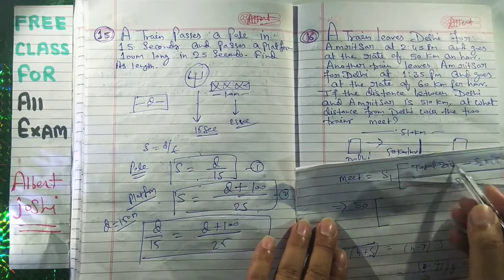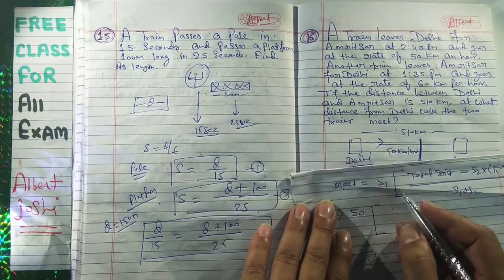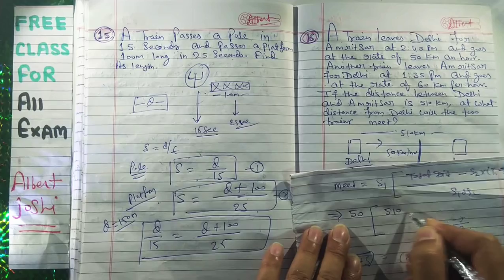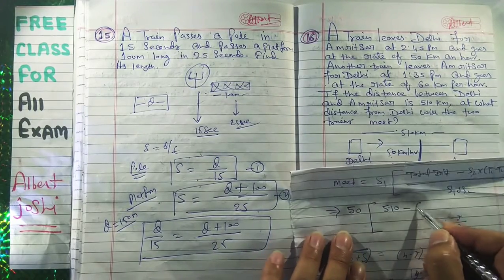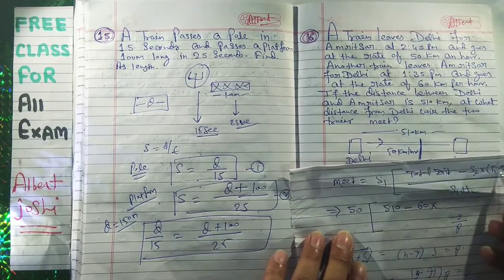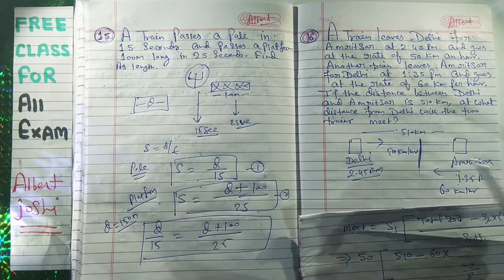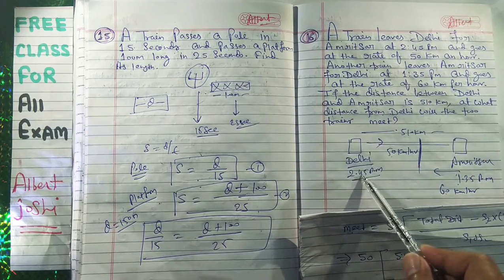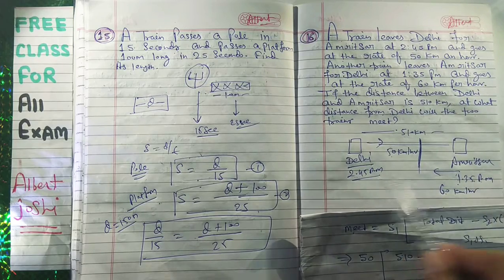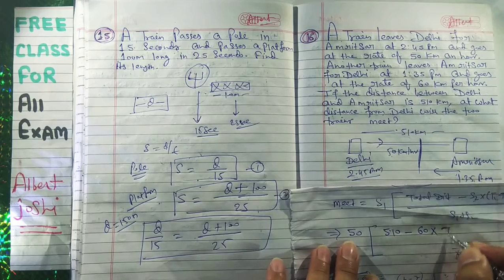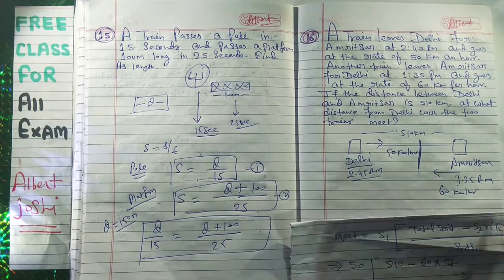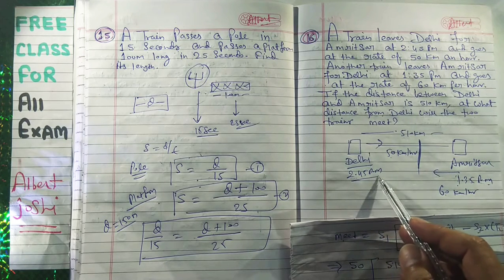Now total distance, you know, is 510, minus S2, S2 is 60, into T1 minus T2. T1 minus T2 means the times 2:45 and 1:35.